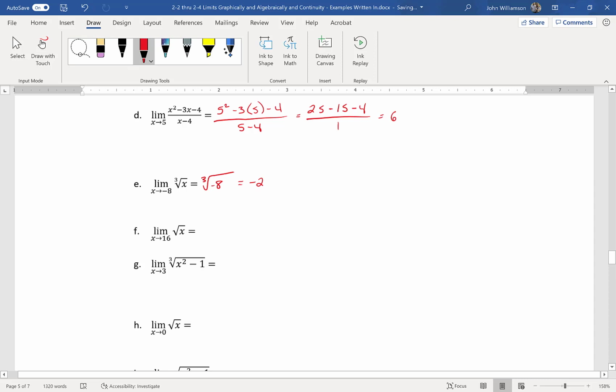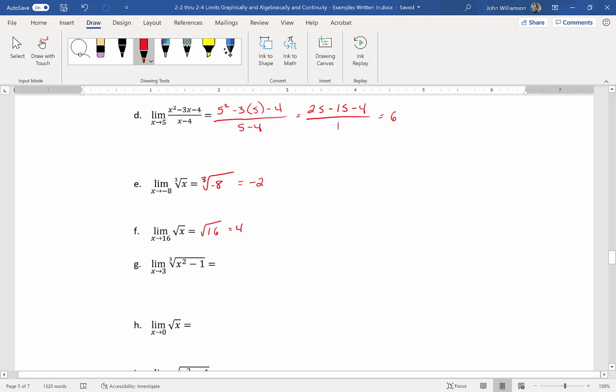For the next one, the limit as x is approaching 16 of the square root of x. So again, direct substitute, so square root of 16, and that's just 4. So think about what this means. As x is approaching 16, f of x, or your y's, are approaching 4.